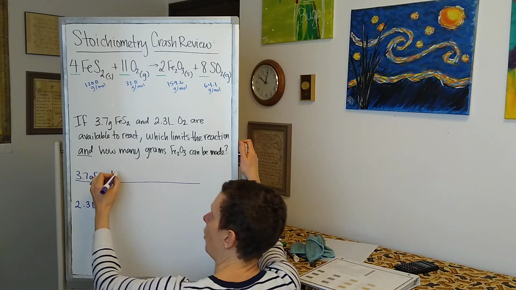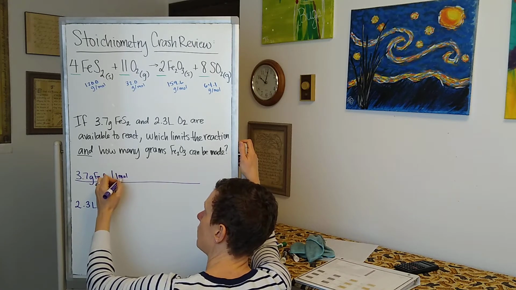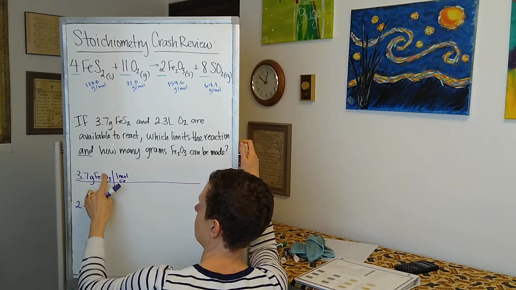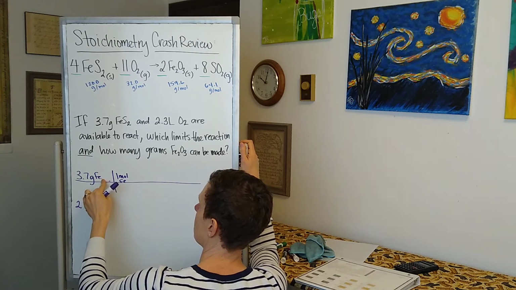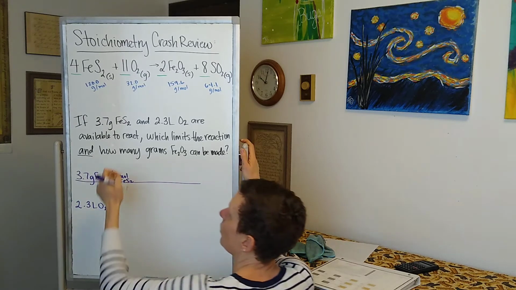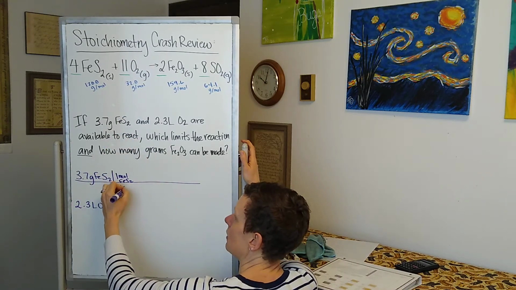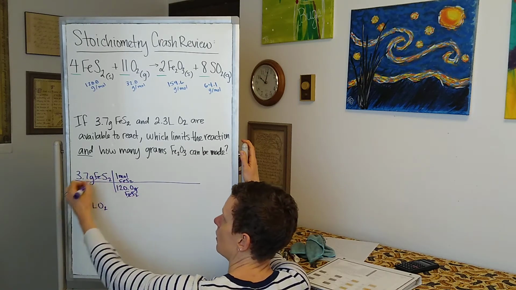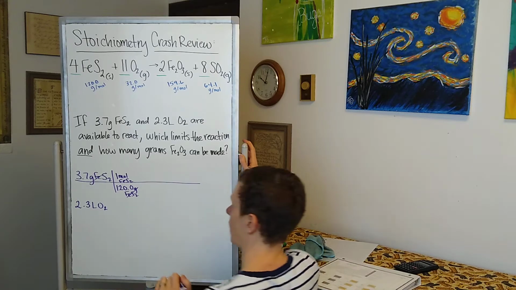So 1 mole of FeS2, this is supposed to say FeS2, let me just change that real quick, 1 mole of FeS2 weighs 120.0 grams. Okay. All right, that gets me to moles.